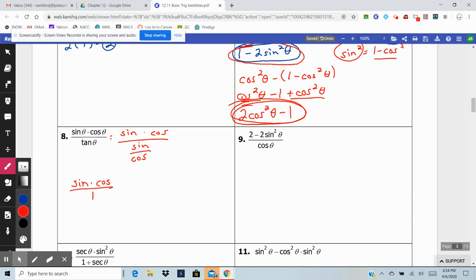To divide two fractions, you take the second one, which is on bottom here, you flip it and you multiply. So that'll be times cosine over sine. And the sines will cancel. And it leaves you with cosine times cosine, which is cosine to the second power.